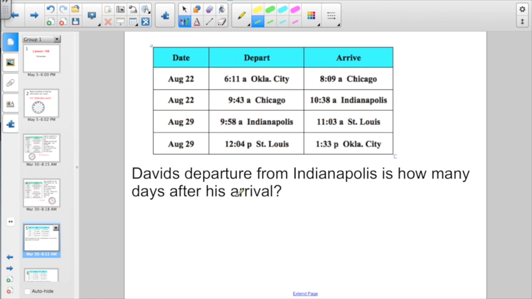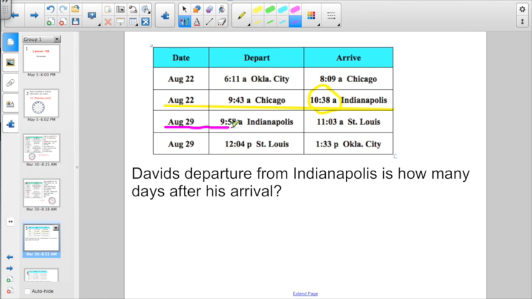So let's go ahead and find out, when does he actually arrive in Indianapolis? Under arrive, here it is. So it looks like he's arriving in Indianapolis on August 22nd. 10:38 a.m. is when he arrives, right? Let's go find out what time he departs in Indianapolis. Under departure, here it is.